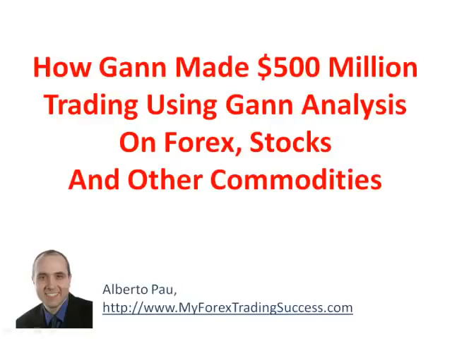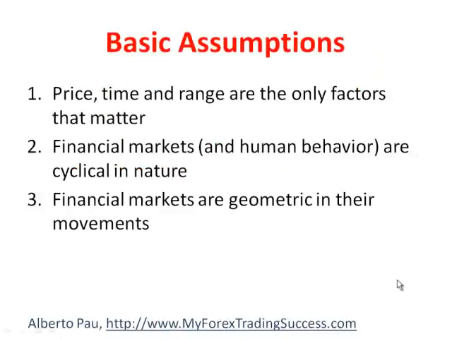I'd like to spend a few minutes outlining how William Gann made over $500 million trading forex, stocks and other commodities using his analysis that he himself called Gann analysis. The basic assumptions of Gann analysis is that only price, time and range are the factors that matter.